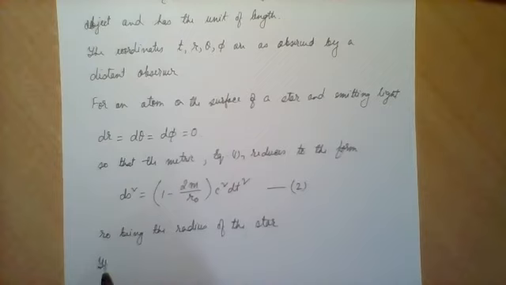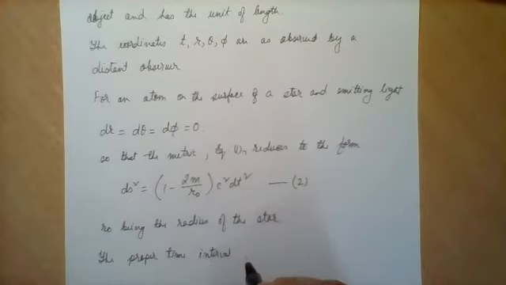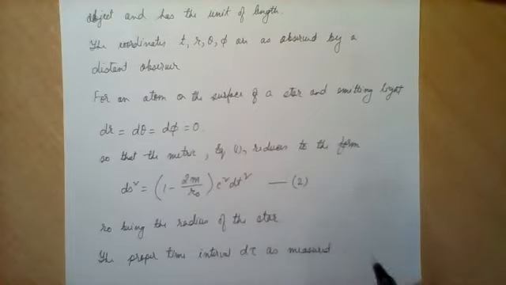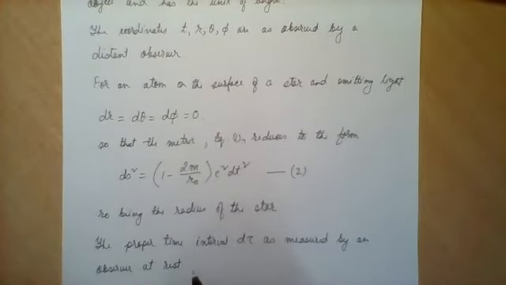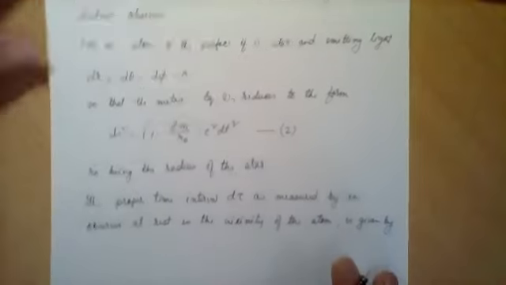Next, the proper time interval d tau as measured by an observer at rest in the vicinity of the atom is given by, okay, so what does it mean?